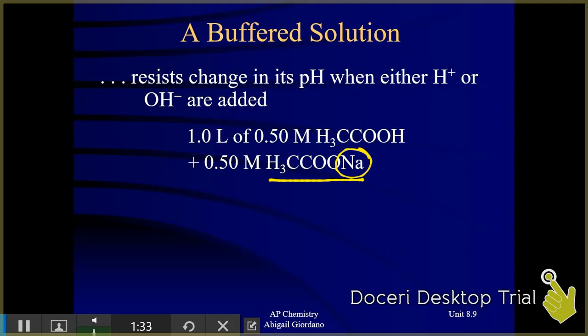I don't know why it's written this way, but sometimes acetate compounds are written this way. This compound is sodium acetate. So if you think about it, what have we got here? We've got a weak acid, and we've got its conjugate base, the acetate ion, right there. This is a buffer system.